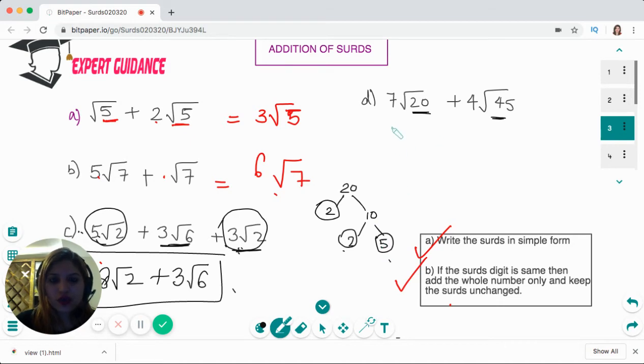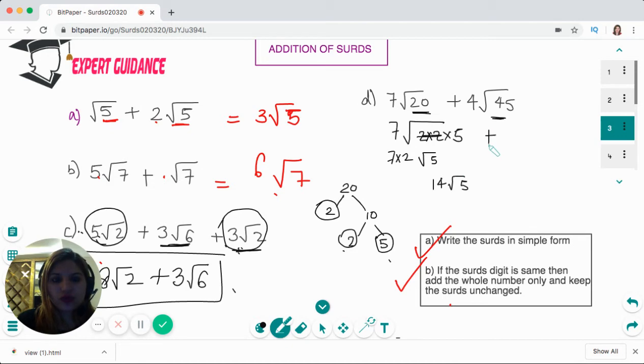So our root 20 is written as 2 times 2 times 5. These are in pairs, so we'll write them outside the surd sign, and this will become 14 root 5. So 7 root 20 can be written as 14 root 5.